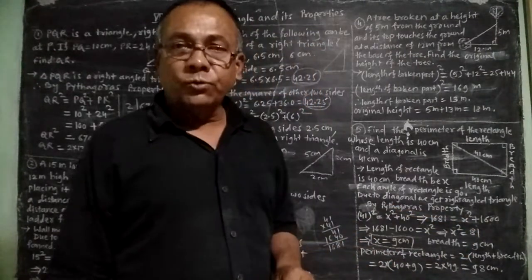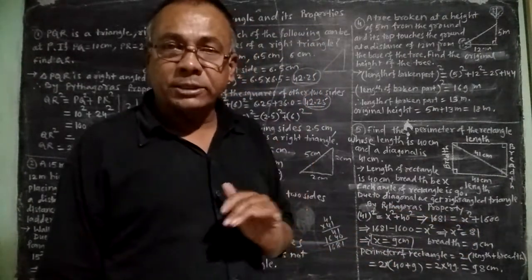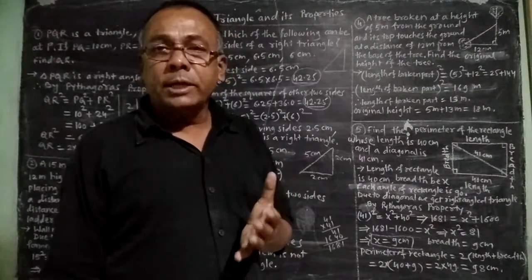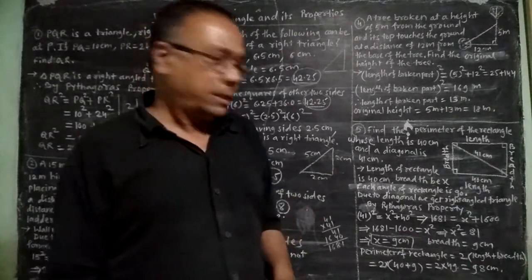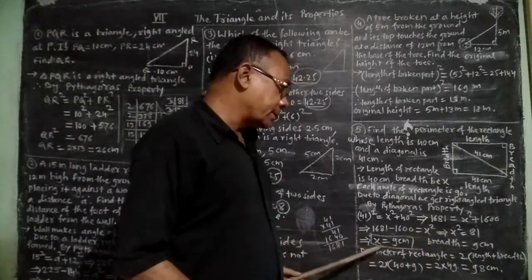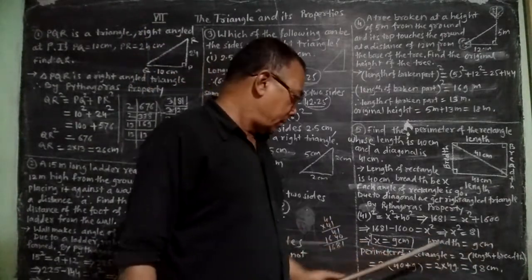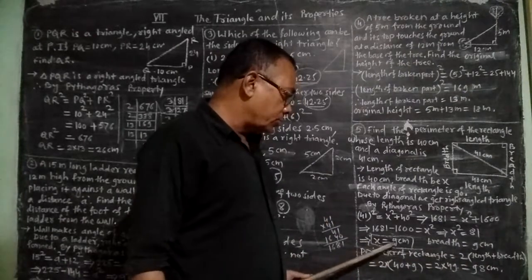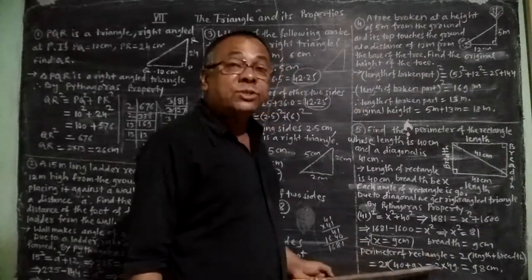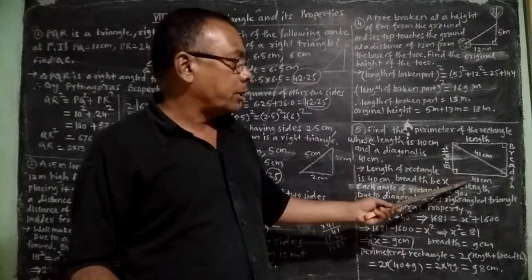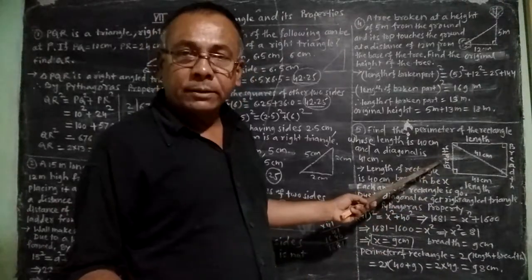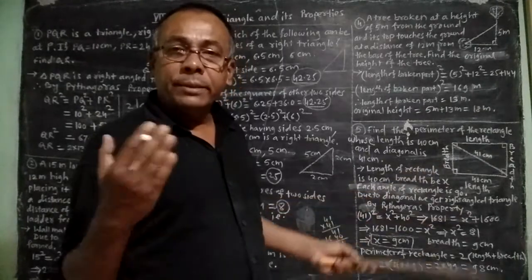But we have to find the length of only x, not x square. So we have to take the square root on both sides. Taking square root, we get x, and square root of 81 is 9, and therefore x is equal to 9 centimeter, which is the breadth of the rectangle. Means length is 40 centimeter and breadth is 9 centimeter.